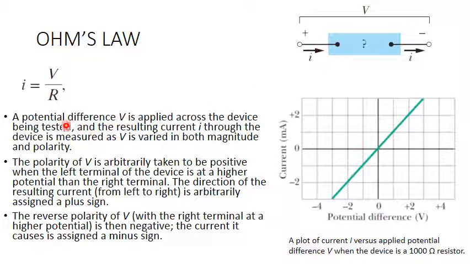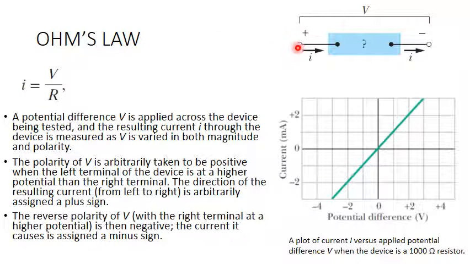So if we have a potential difference applied across a device being tested and the resulting current I through the device is measured, as V is varied, both in magnitude and polarity, the current will be varied both in magnitude and polarity.